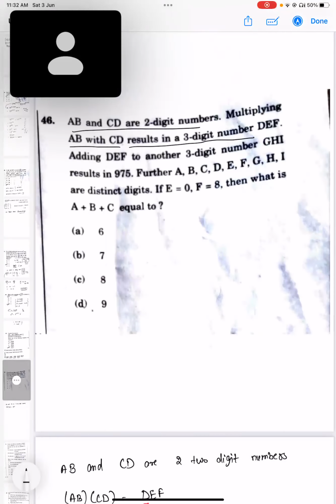Adding DEF to another three-digit number GHI results in 975.